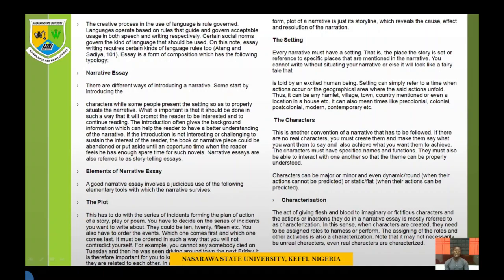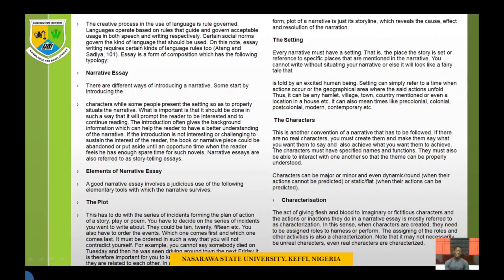The next element of narrative essay is the setting. The setting has to do with either a place or the time in which the story is told. Every story has a setting or must have a setting.